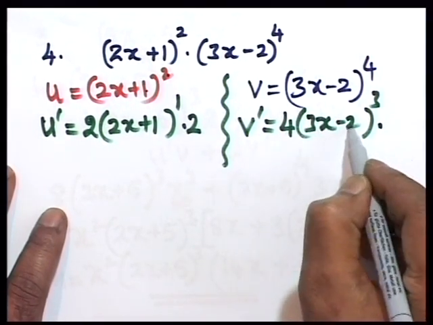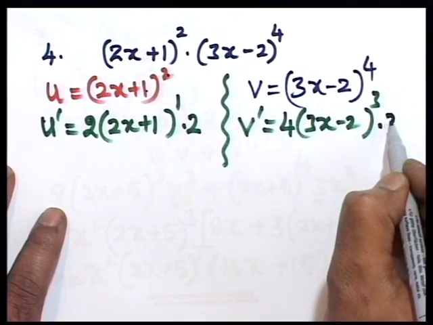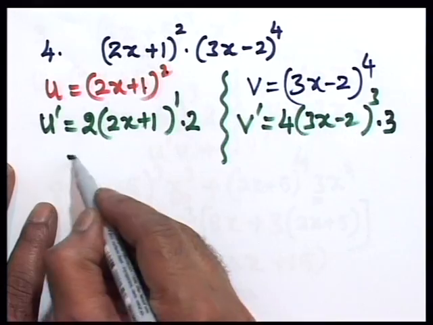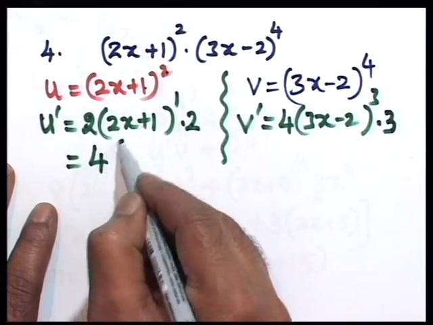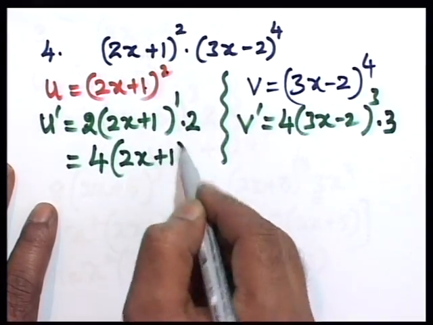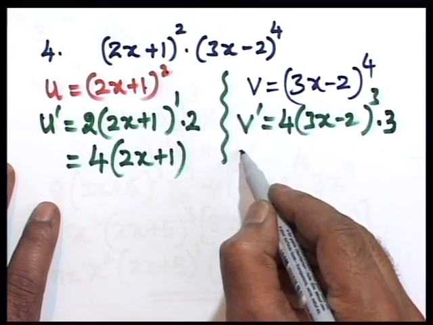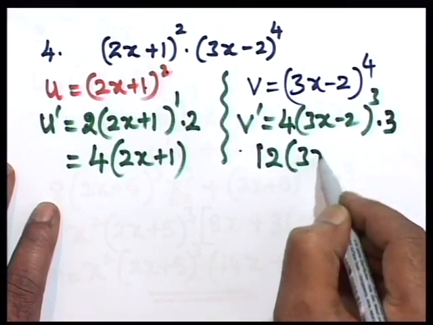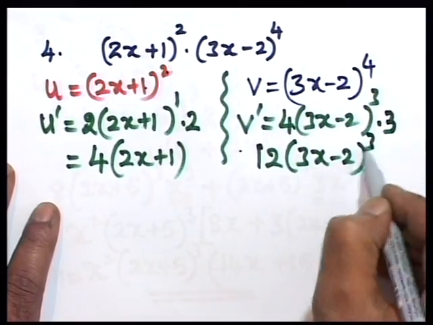Then we times by the differentiation of this, which is a 3. Watch there, there's a 3. Just simplify them. That's 2 times 2, 4 bracket 2x plus 1. This is 4 times 3, 12 bracket 3x minus 2 to the power 3.